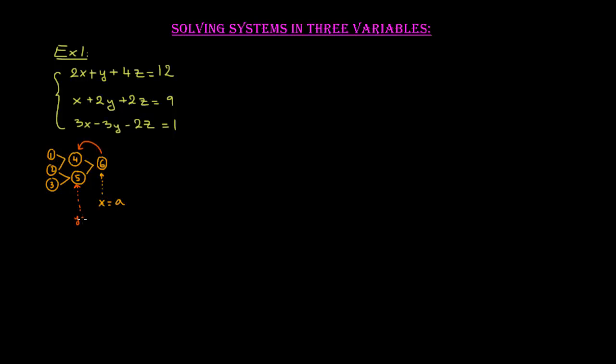This time we may have y equal to b. Since you have x and y, we can plug into either 1, 2, or 3 to get z equal to c, a number.